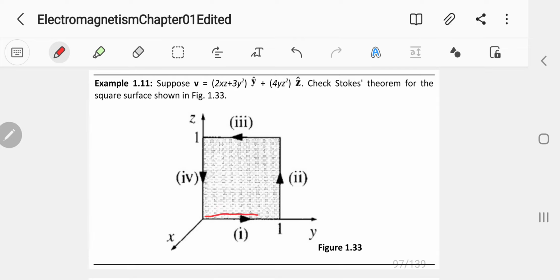This is the first segment, the second segment, the third segment, and this is the fourth segment, with the respective directions here. You have to take note of the direction: going to the right, going up, going to the left, and going down.